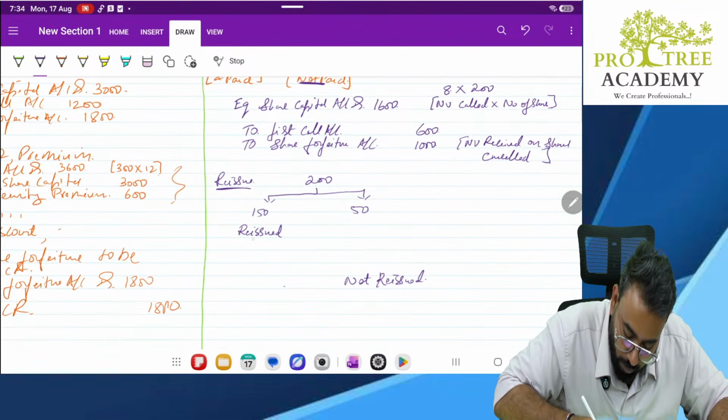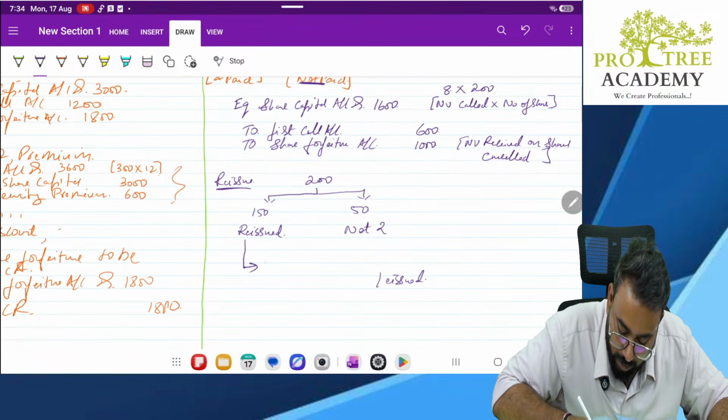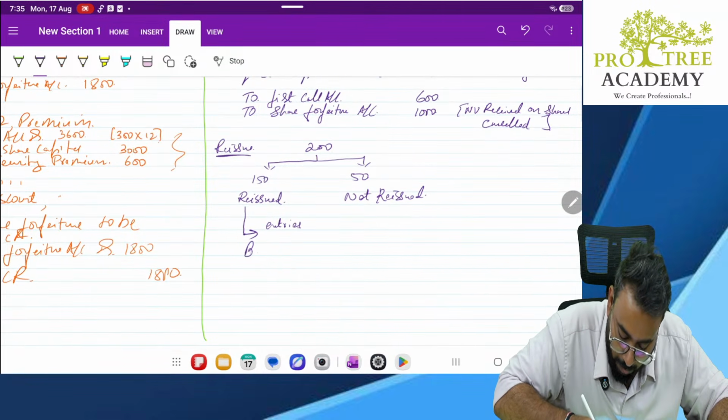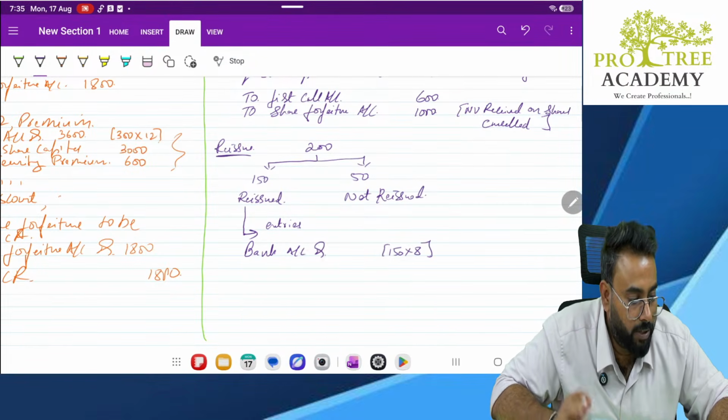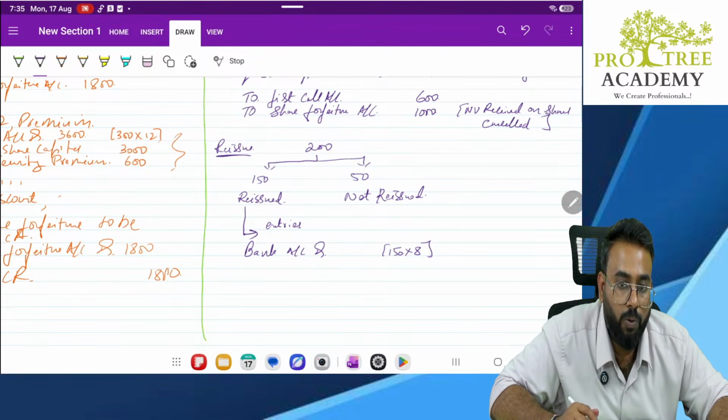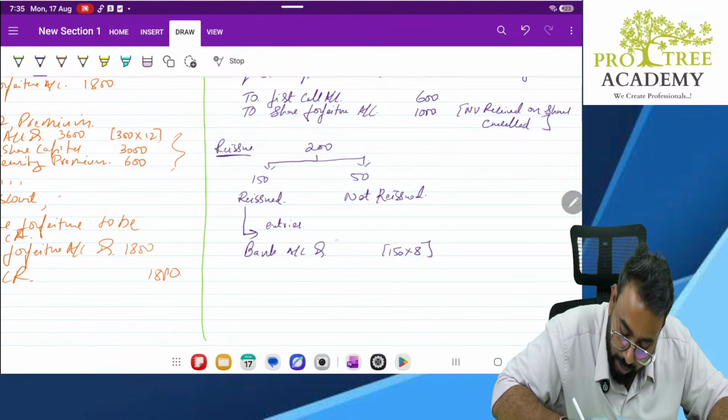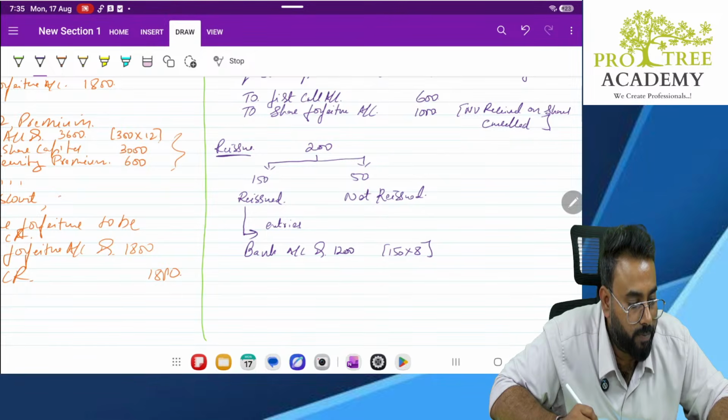Clear? Now for this, we have to pass the entries. What is the entry? Bank account debit. How much are we issuing? 150 into 8 rupees per share, so that is 1200.